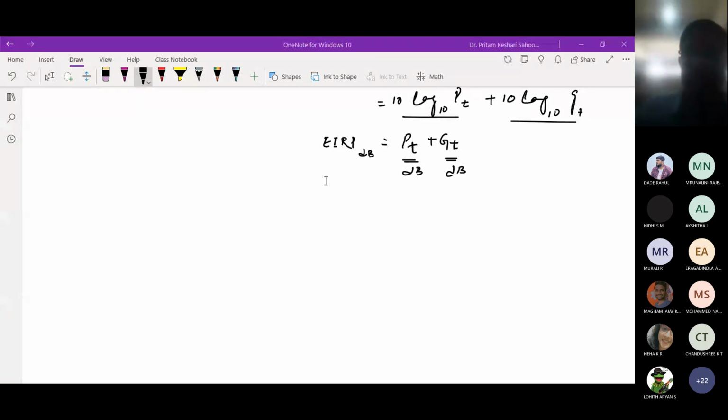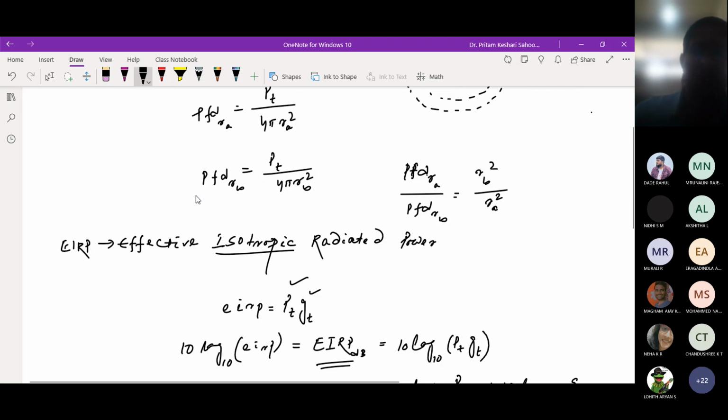Now if I consider the same power flux density at a distance r, I can write that it is equal to the transmitted power into... If you see in the previous case, we explained the power flux density in terms of transmitted power divided by the area of the sphere.